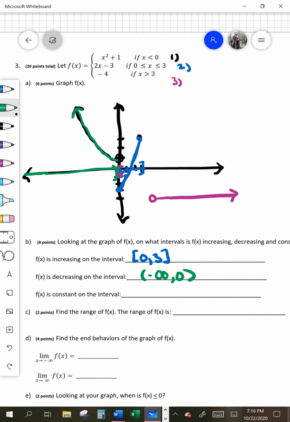And then it's constant. Our x value where it starts to be constant is at 4. I'm sorry, it's at 3. This should be down over here at 3.